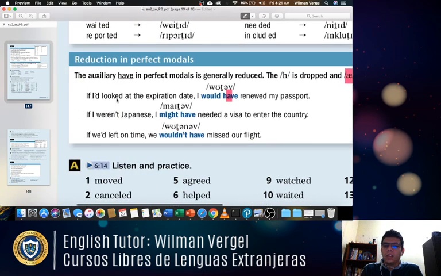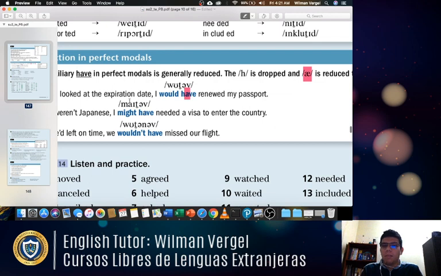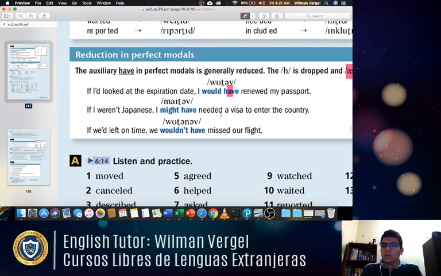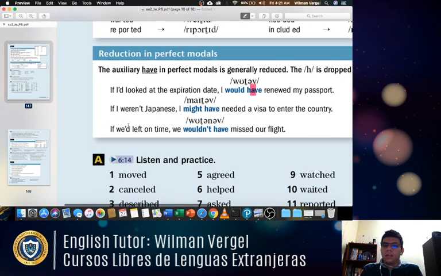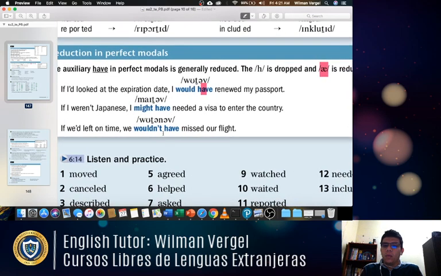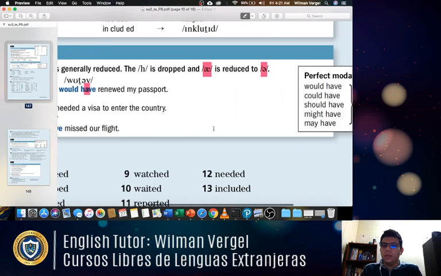It says if I weren't Japanese, instead of saying I might have, we say I might've needed a visa to enter the country. So if we left on time, instead of pronouncing wouldn't have, we say wouldn't've. We link all this together.